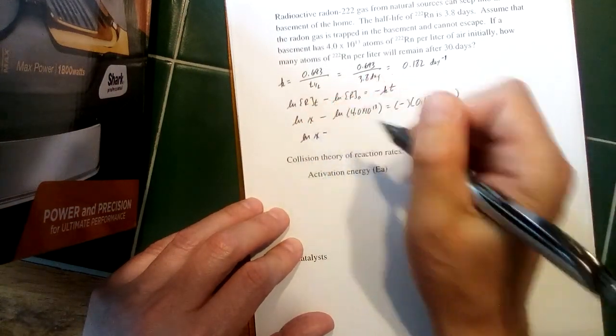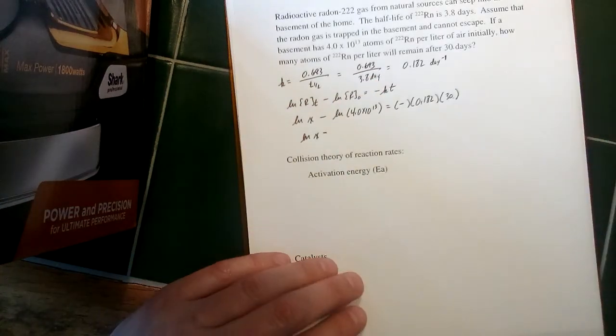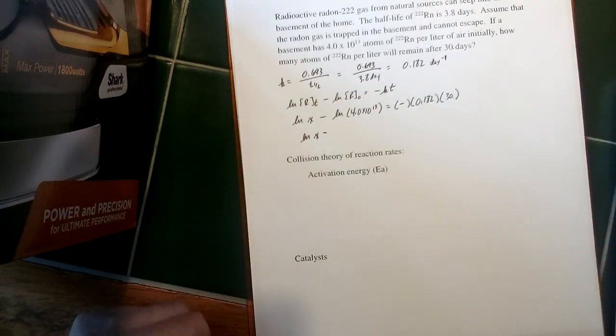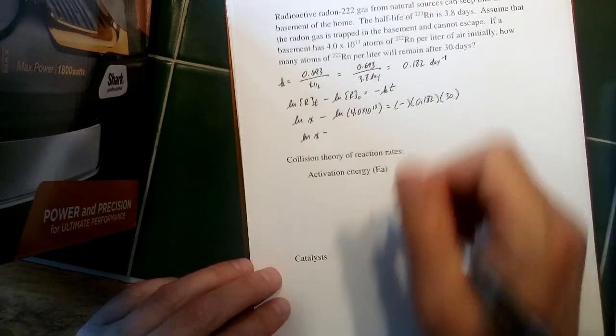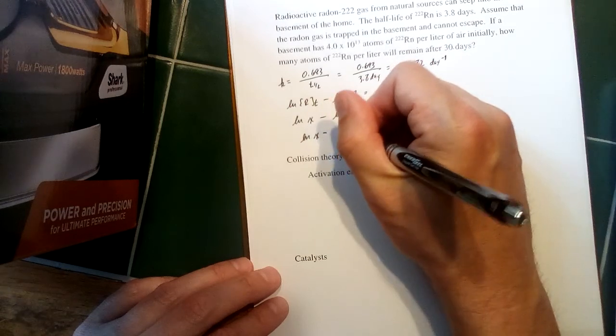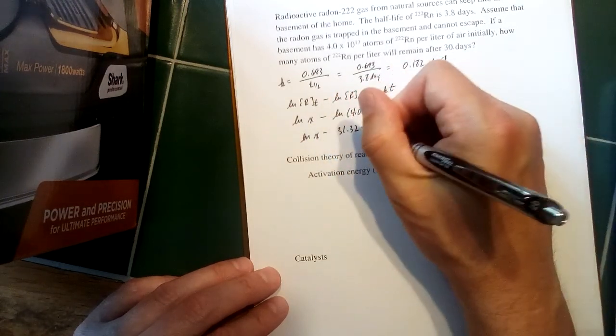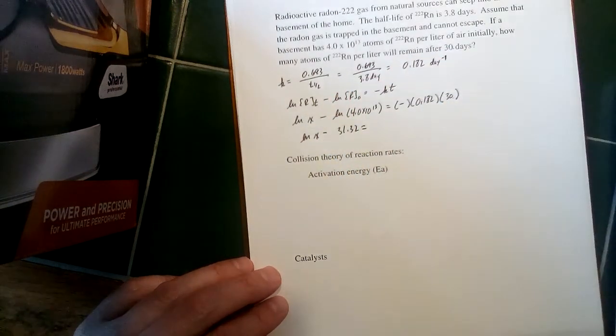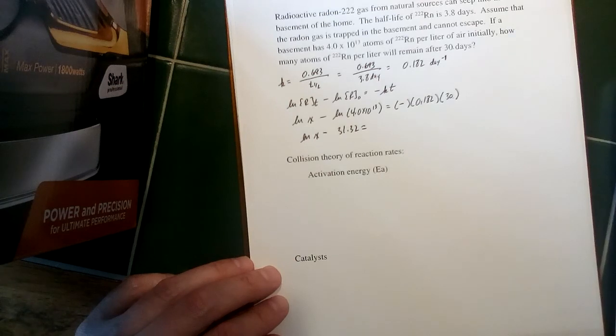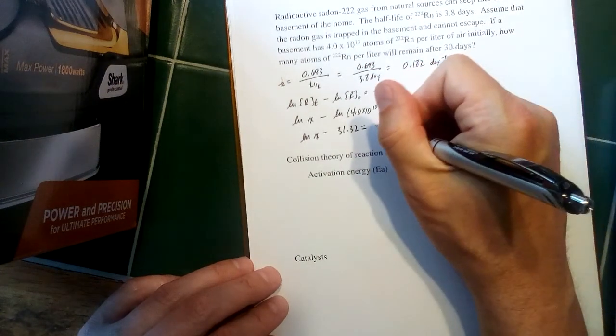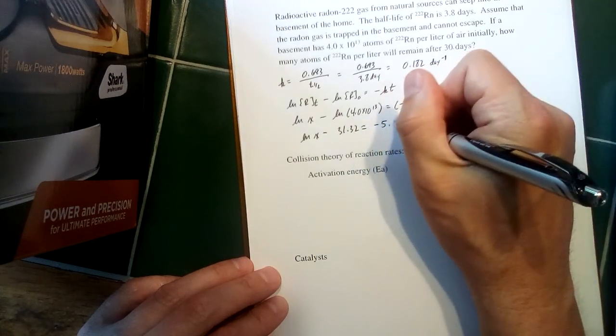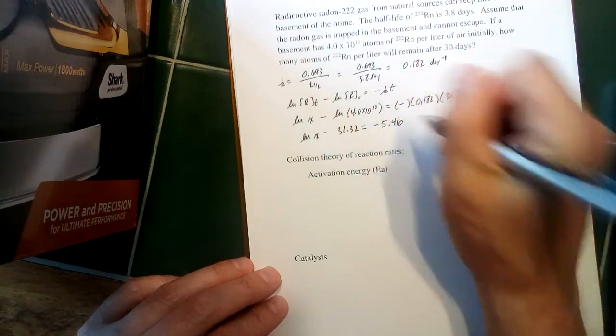So natural log of x minus the natural log of 4 times 10 to the 13th power is 31.32. And that's going to be equal to, multiplying out on this side, 30 times 0.182, so that with the negative sign, minus 5.46.